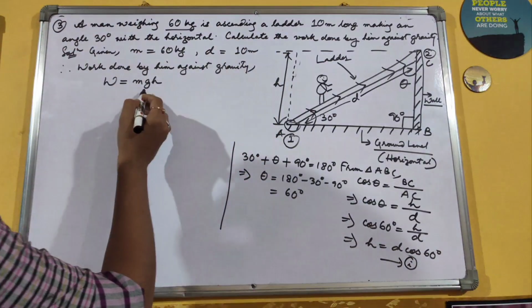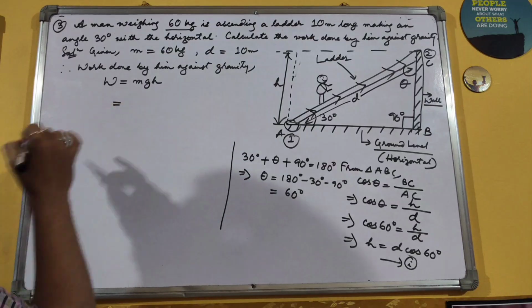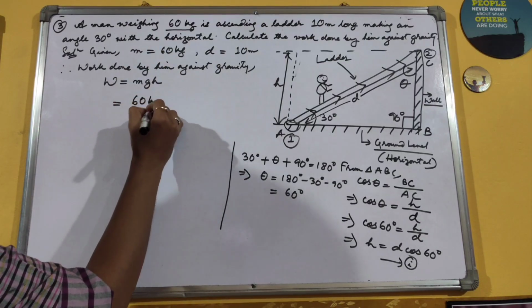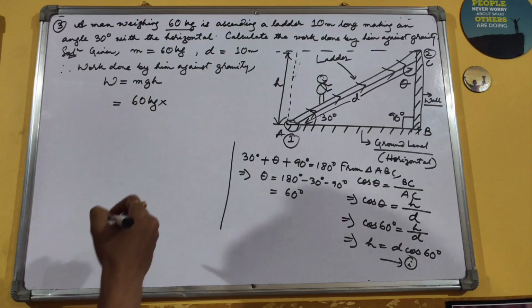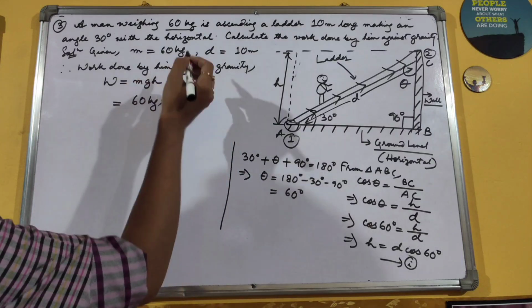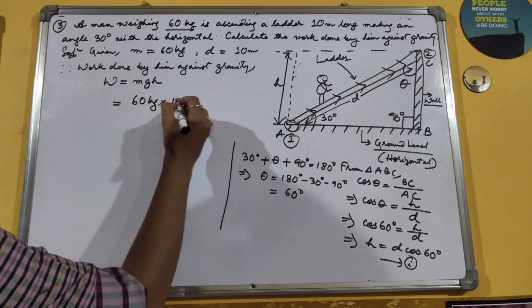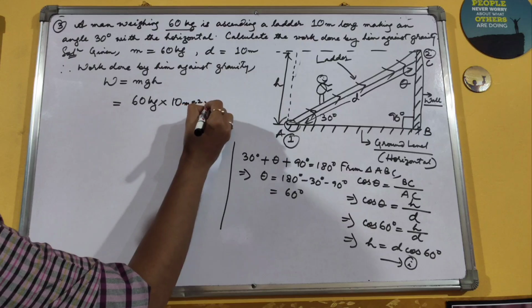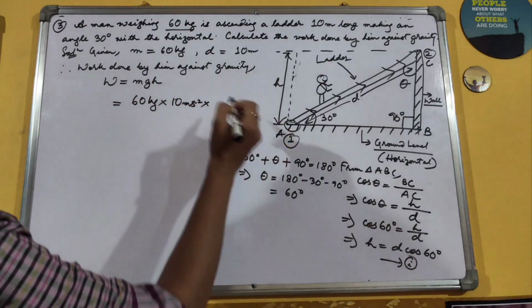Now let's put all the values here. Mass is given 60 kg. For g, as an assumption, you can take 10 meter per square second. What is the value of h? D cos 60 degree.